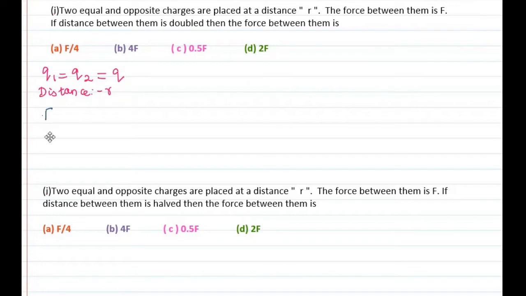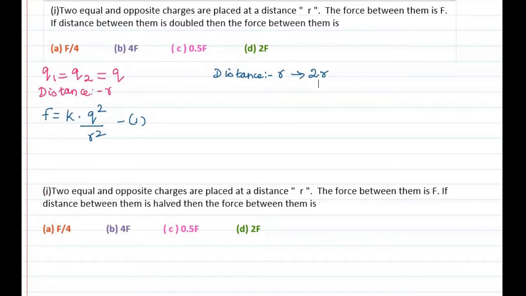So F is equal to, by Coulomb's law, K into Q1 into Q2, which gives Q square, divided by R square. Okay, Q1 into Q2, both the values are Q, so we get Q square by R square. This is your F value. Let it be equation 1. Now, what happens if the distance is doubled? When distance R is changed to 2R, then what could be the force?